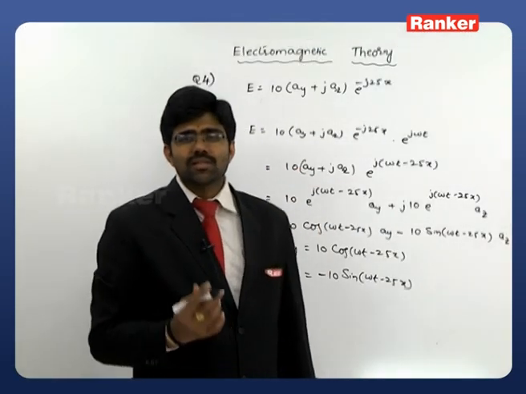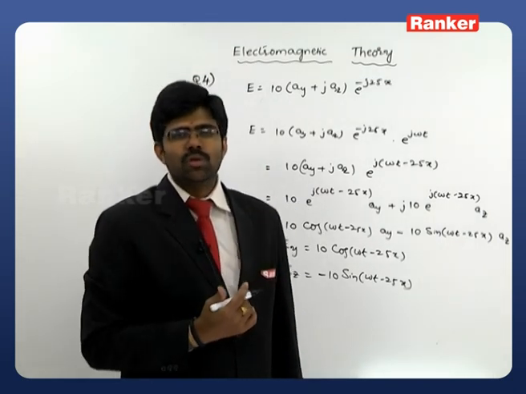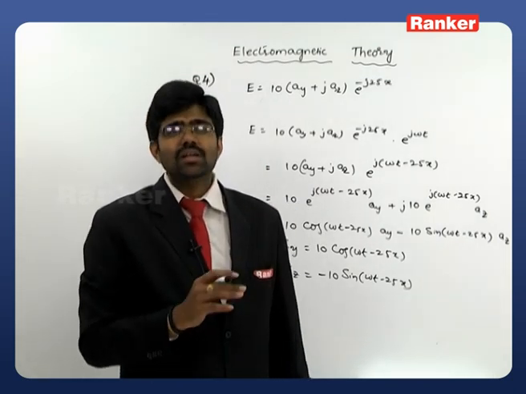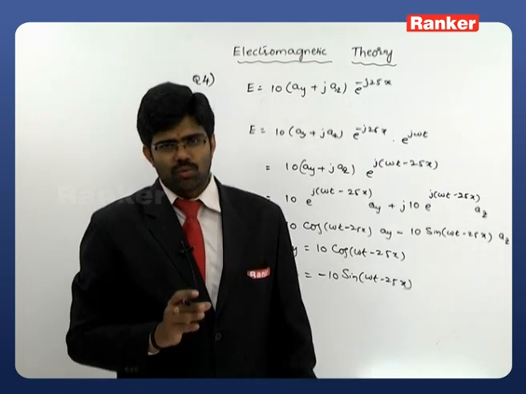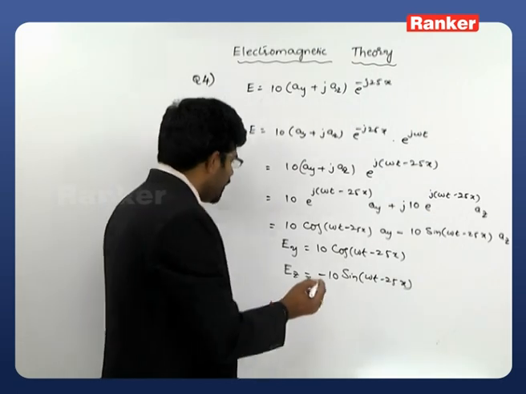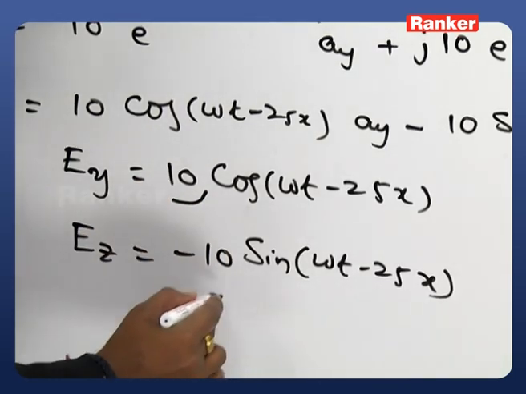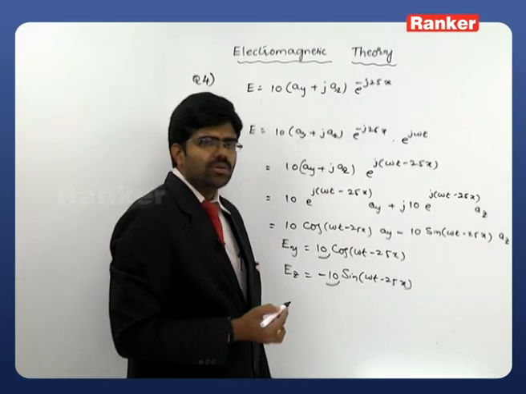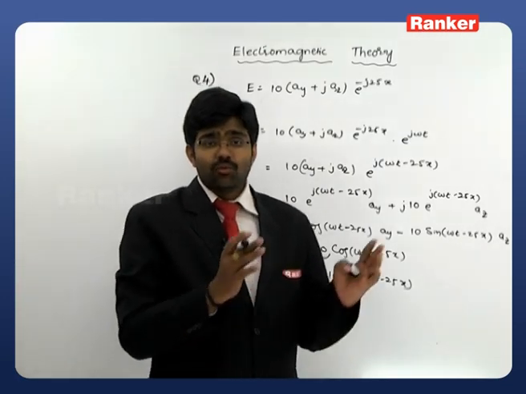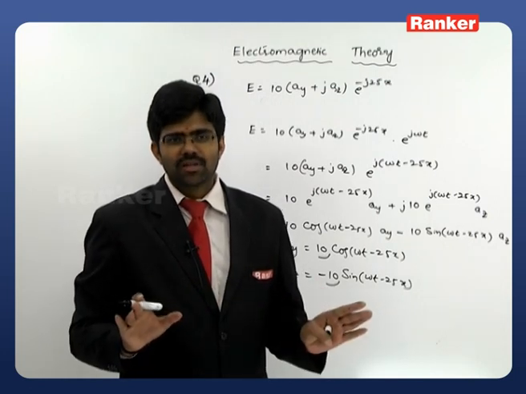Now to observe what is the type of polarization, we need to take the amplitude of these two components, and the phase difference between these two components. Initially try to observe the amplitude. Here the amplitude for the y component is 10, the amplitude for the z component is also 10. That is clearly y component and z component have the same amplitude, right?